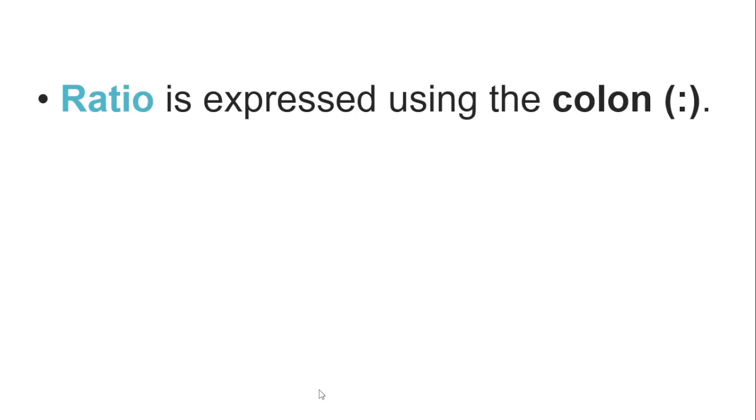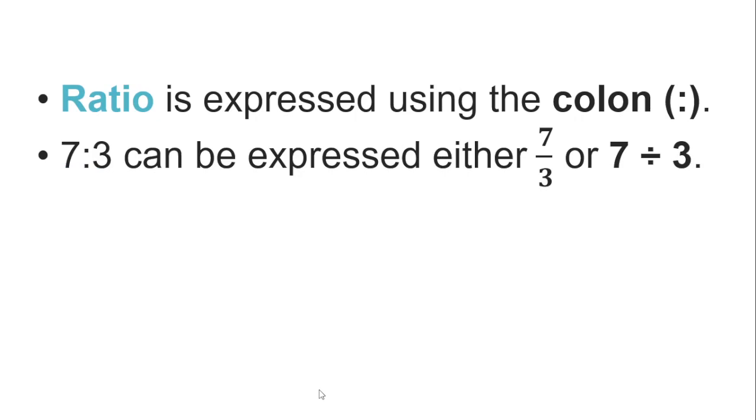For example, the expression 7 to 3 is written 7 colon 3, and 7 to 3 can be expressed as either 7 over 3 or 7 divided by 3. It's just the same thing.